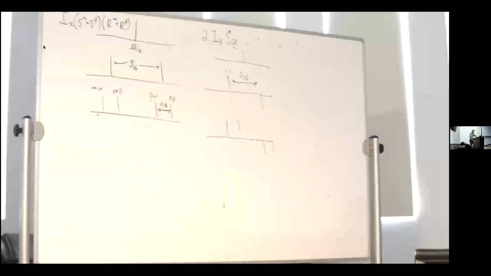So that's the fourth one. Now we know. And here are the three possibilities. The 180 is on the I spin. The 180 is on both spins, or the 180 is on the S spin. And then we want to see what the consequences are.